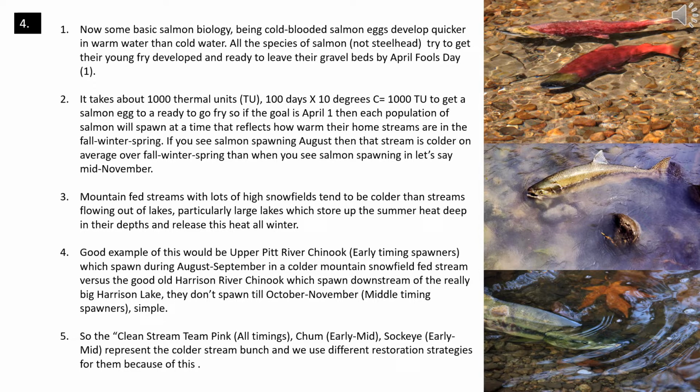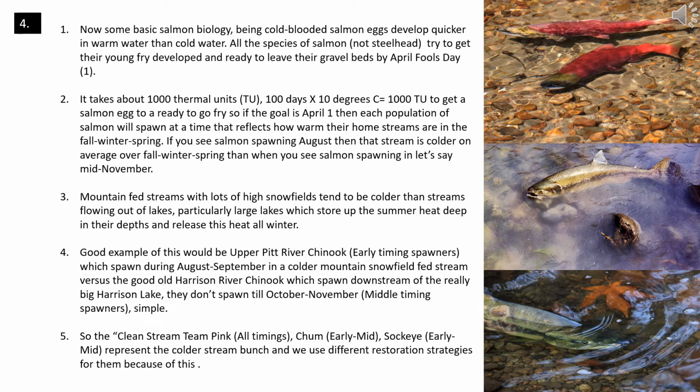Again, this is idealized because there's slight variations among the different species, but say that these species of fish, their eggs take 1,000 thermal units to develop from an egg just placed in the gravel to a fry that's ready to swim out of the gravel. 1,000 thermal units.